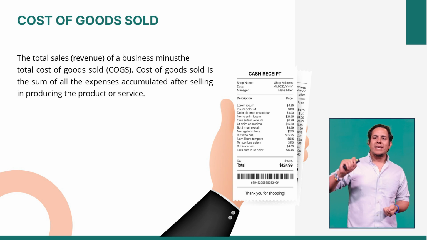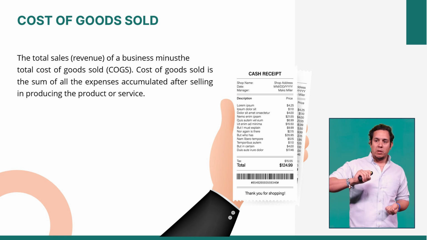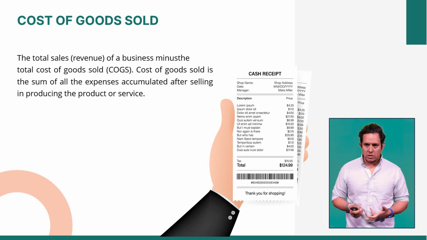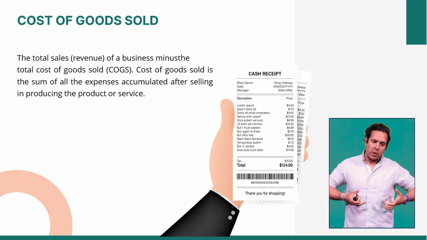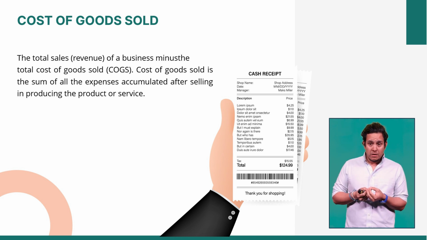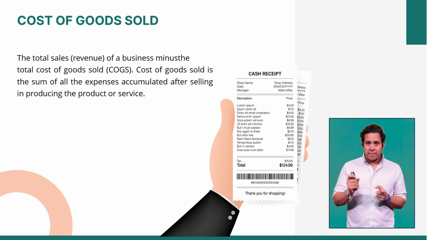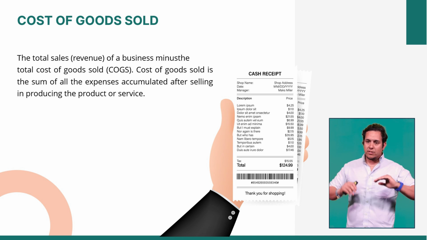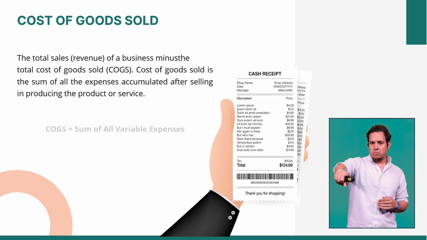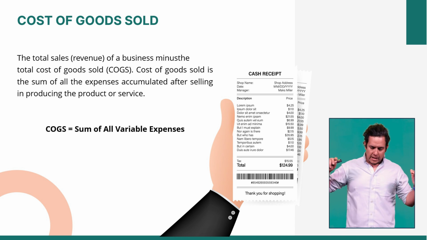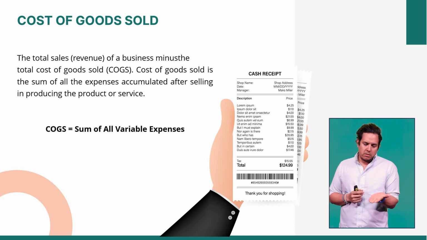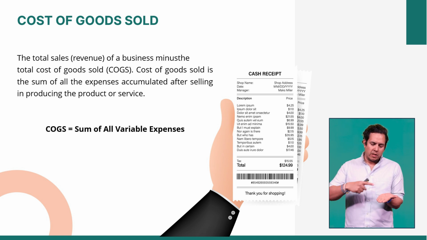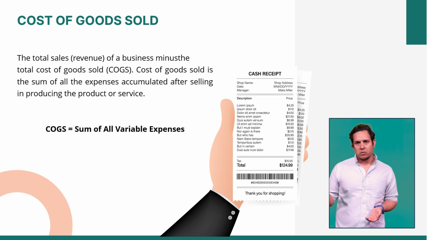The cost of goods sold is the sum of all of the expenses accumulated after selling in production the products or services. So everything that goes in, all of the inputs that go into producing the final good, that is my cost of goods, right? It's the sum of all the variable expenses. Everything that goes in for the production, add them all up, that's going to be my cost of goods, right?